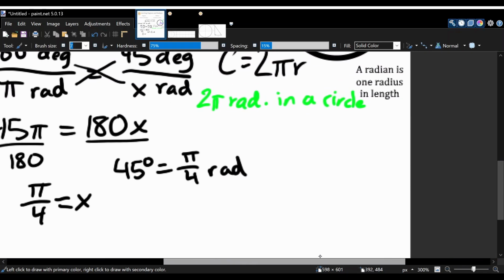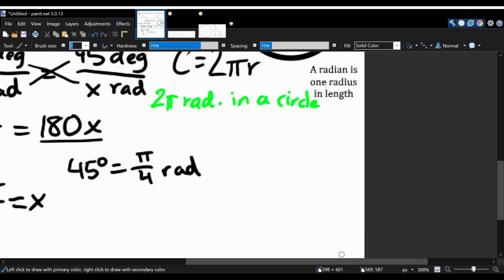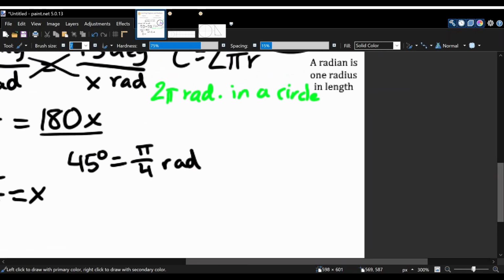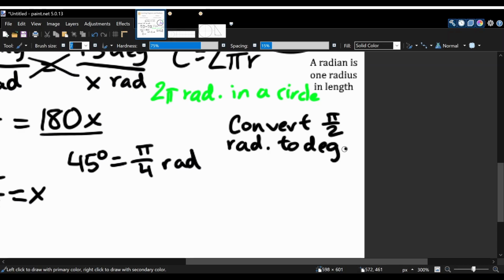And I'm running out of space here, but the opposite can be done for converting radians to degrees. So if you're told to convert pi over 2 radians to degrees, one way you could go about that is you could set up the same thing: 180 degrees over pi radians is equal to x degrees over pi over 2 radians.